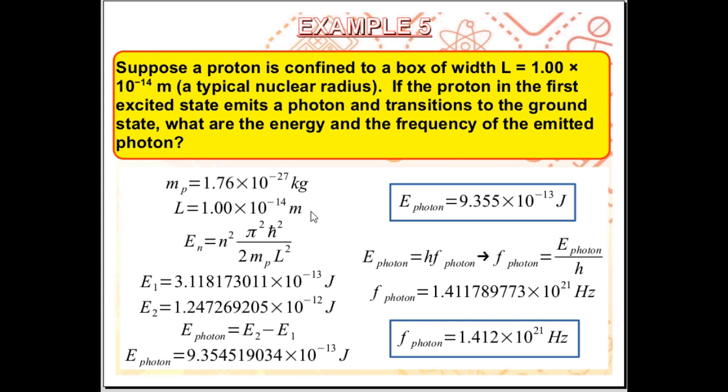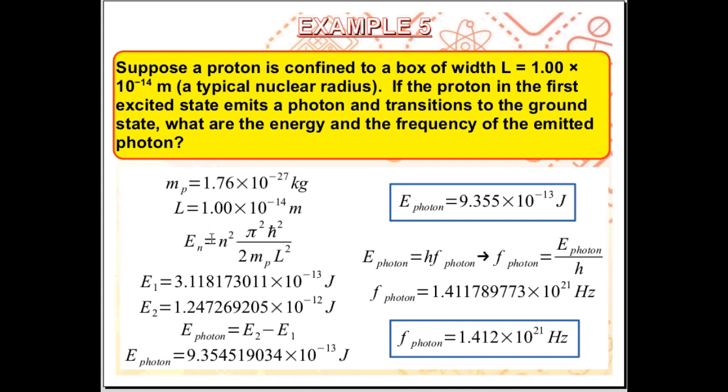The energy for a particle confined in a box is given by E_n equals n squared pi squared h bar squared over 2 m L squared. Initially, the proton is in the first excited state, so n is equal to 2. Using n equal to 2, we know m, we know L, and all the other values are constants.